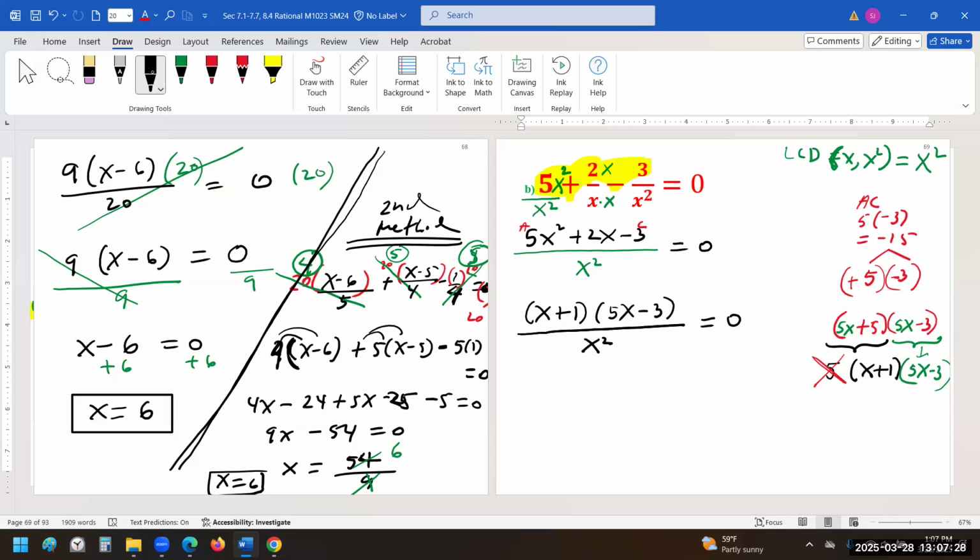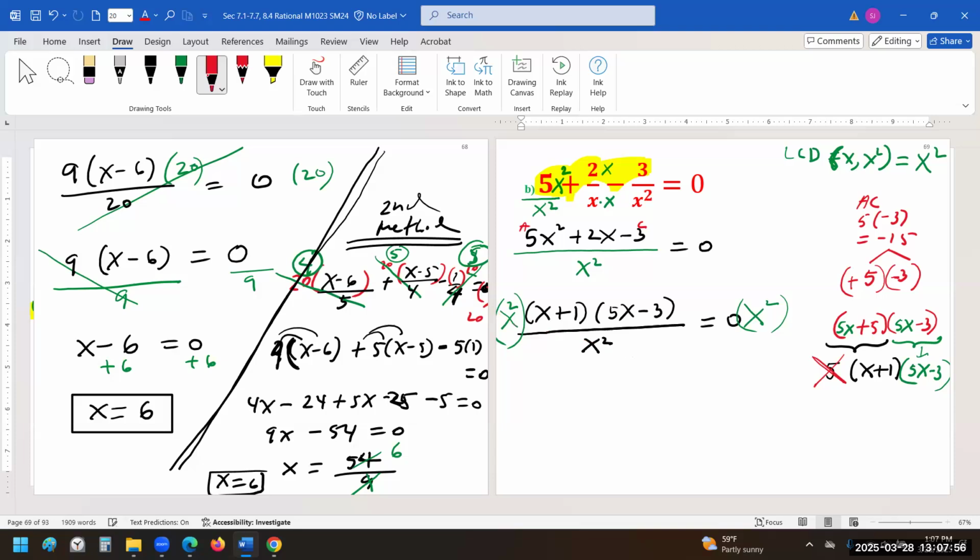If you don't like this method, no problem. Use your traditional AC method. Can you cancel anything from the numerator and denominator? We cannot. That means we can get rid of the denominator by multiplying both sides by x squared.